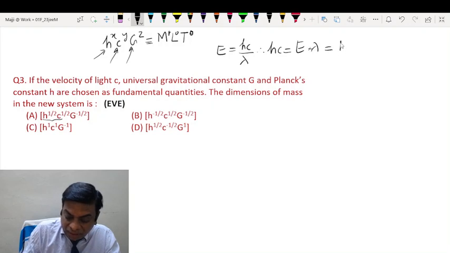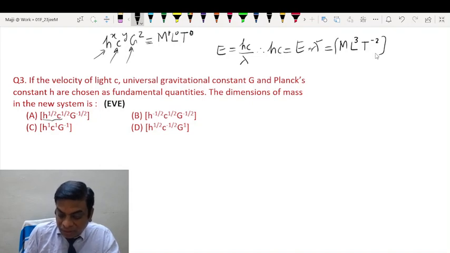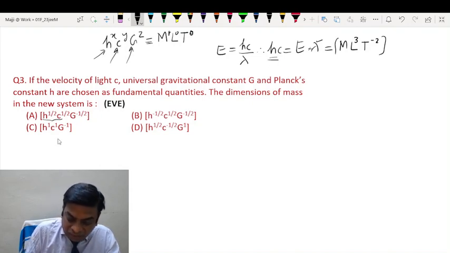Energy means M L square T power minus 2, and this lambda is again L, so in total we have L cube. So this is the dimensional formula for Hc. And for the gravitational constant G, from Newton's universal law of gravitation, we have this.